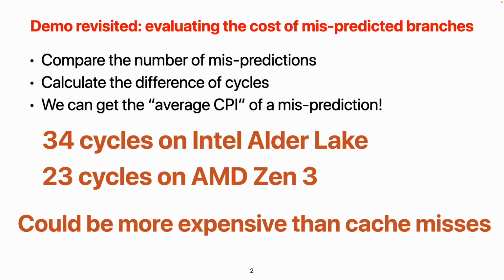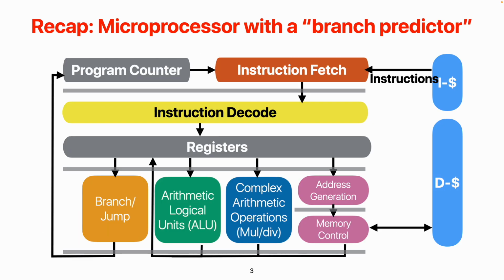And to determine the next PC, you also need to perform ALU operations to calculate the effective target address, which is the current program counter, the PC, plus the offset from the target instruction to this one. So the latency is pretty much as long as executing the previous instruction. And if you consider that number of cycles, that's actually more expensive than cache misses nowadays.